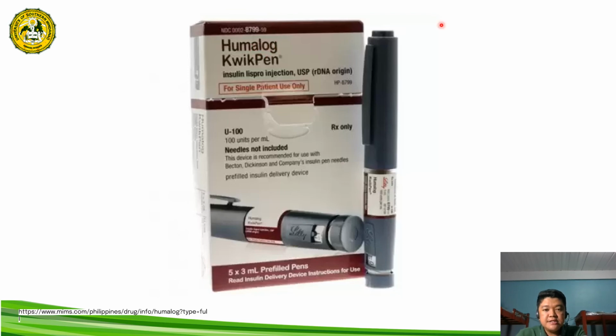So Humalog is a fast-acting type of insulin that is used to control blood sugar level or diabetes in dogs and cats. So this is important as a supportive and ongoing treatment for the diabetes mellitus.